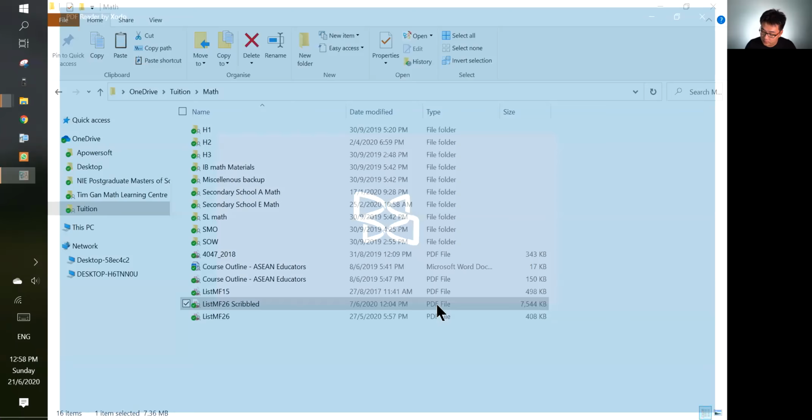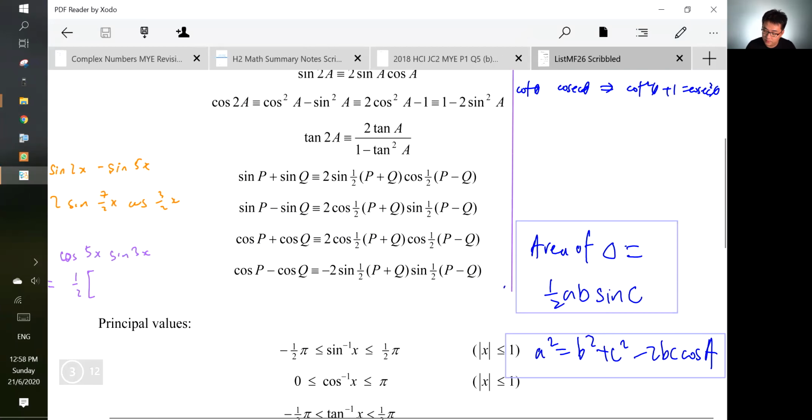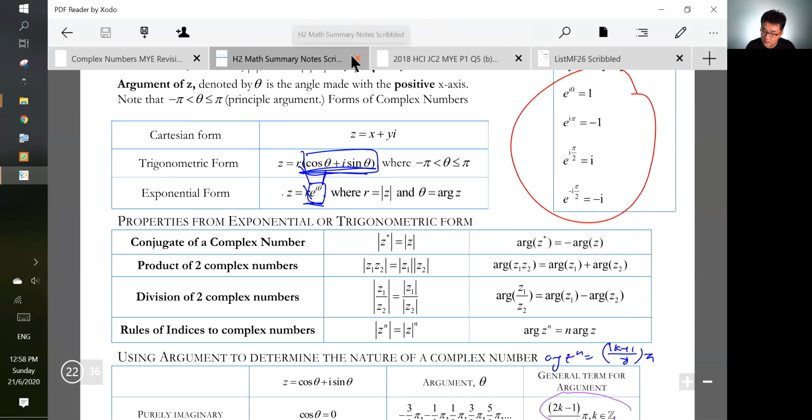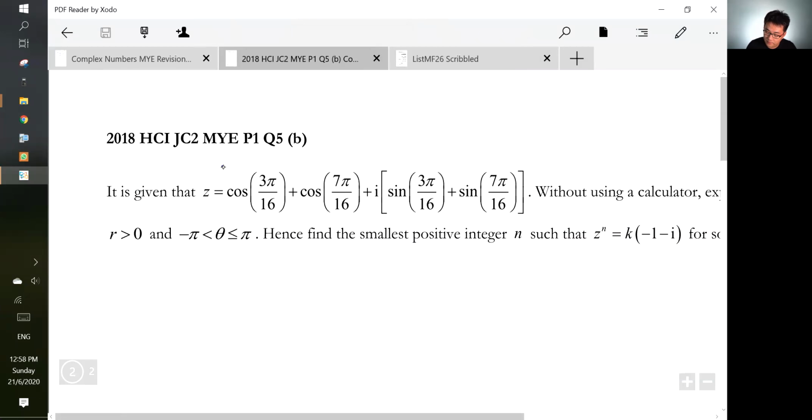So you don't have to use this formula here. This is a factor formula. It means you add both of them up, and it'll be much easier for you. So you merge these two up, and these two up.